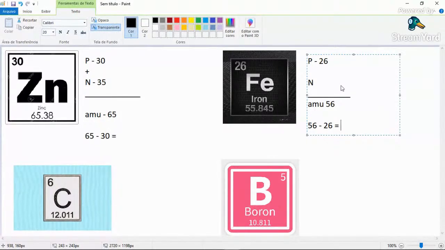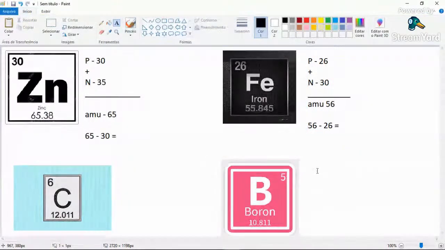I'll give myself a second because I'm terrible at math. But I believe the answer is going to be 30. Did you get 30? Because here when we add this, 26 plus 30 is 56, right?